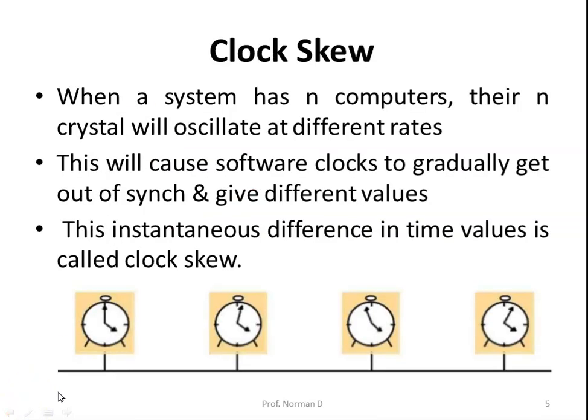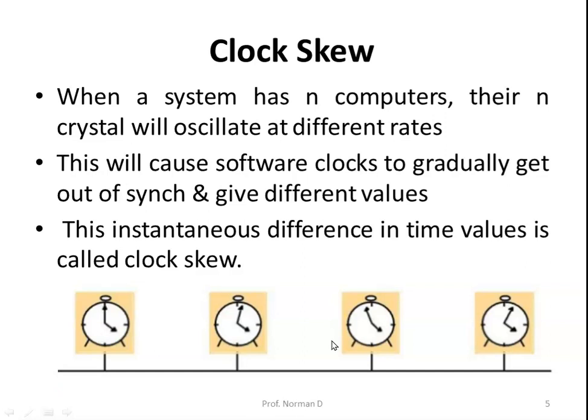Now let's try to understand what clock skew is. As soon as multiple CPUs are introduced, each has its own clock. Here we have one CPU with a different clock, here with a different clock, here with a different clock, and here with a different clock. Although the frequency at which each crystal oscillator runs is usually fairly stable, it is impossible to guarantee that the crystals in different computers all run at exactly the same frequency.